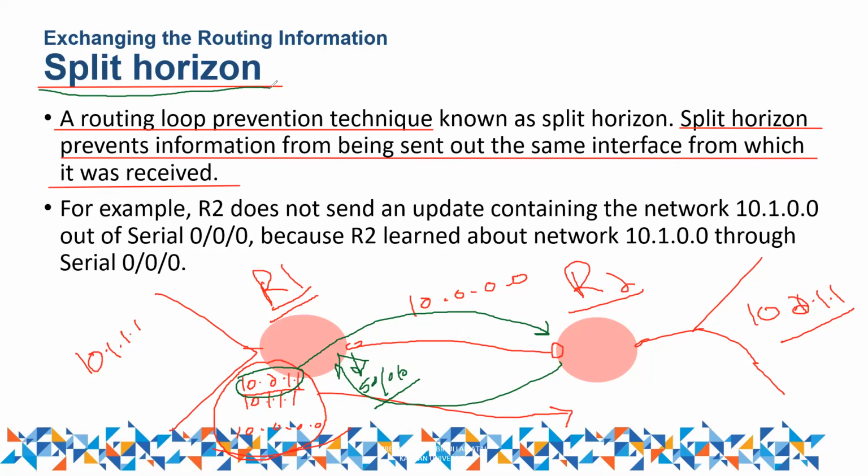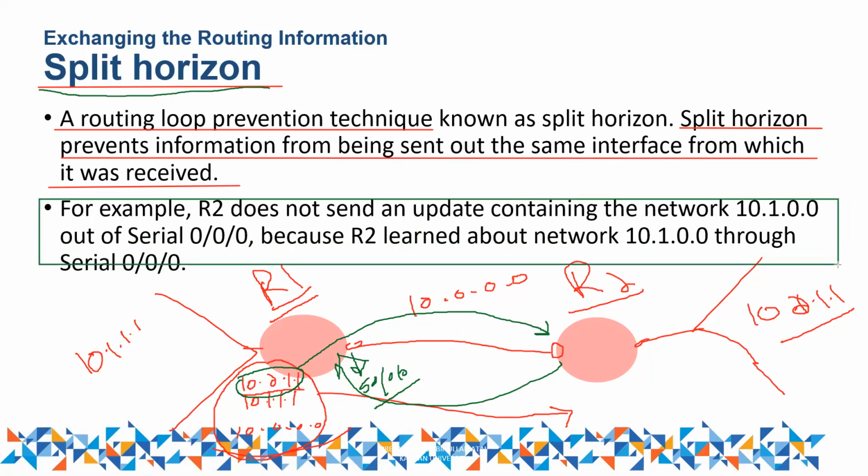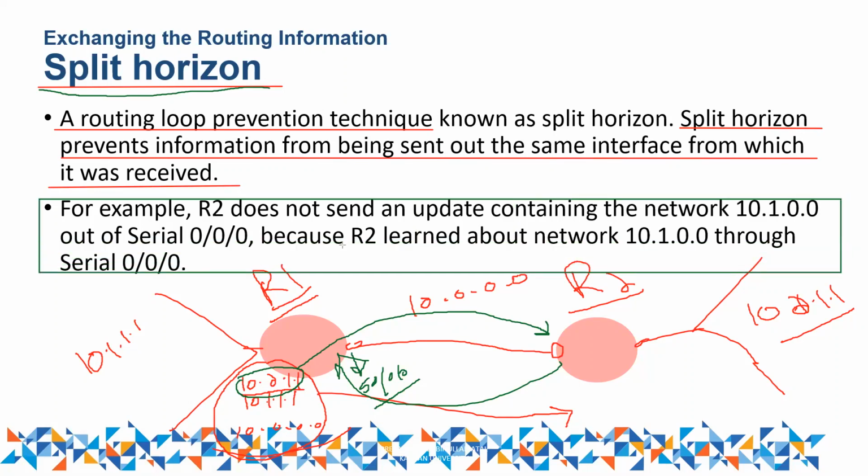Okay, good. So in our example, you can see this example of slides. For example, R2 does not send an update containing the network 10.1.0.0 out of this serial interface because R2 learned about 10.1.0.0 through serial 0.0.0.